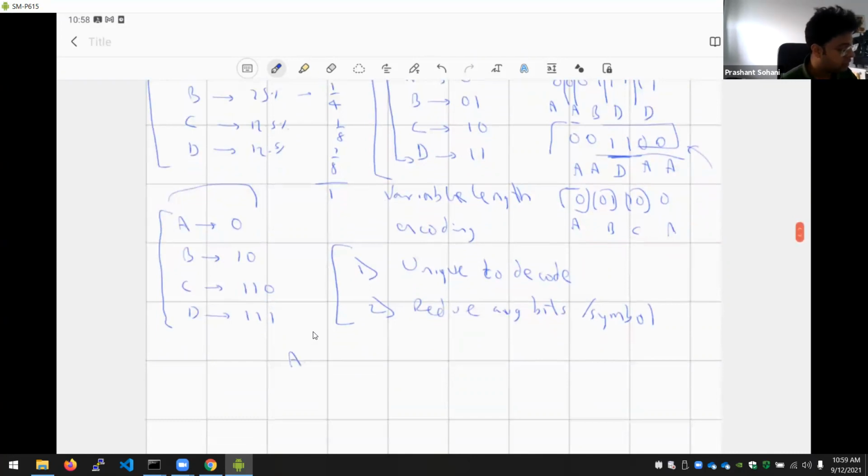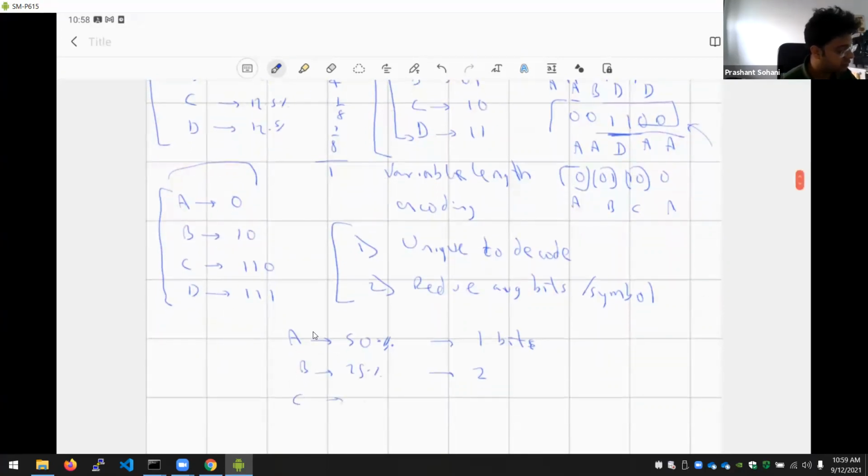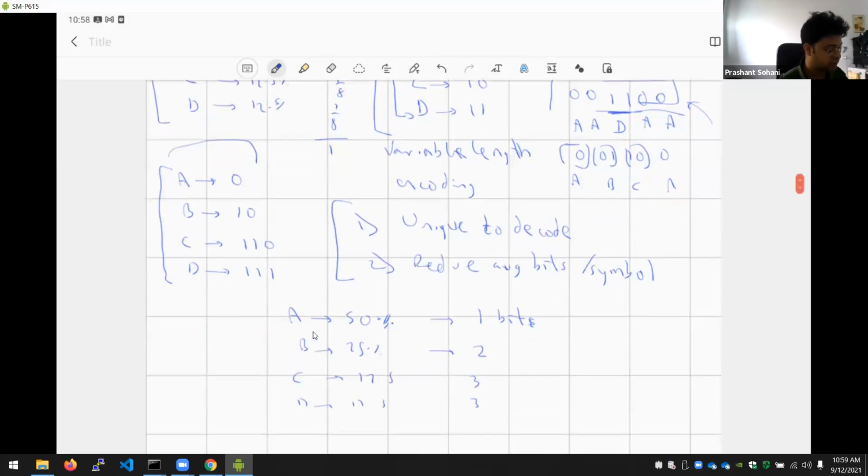So A on an average will occur 50% of the times, and it requires 1 bit to transmit. Then B occurs 25% of the times, and it requires 2 bits. And C occurs 12.5%, and D 12.5%, and they in fact require more than 2 bits to transmit. So it may seem that we are making the situation worse, but note that C and D are less frequent.